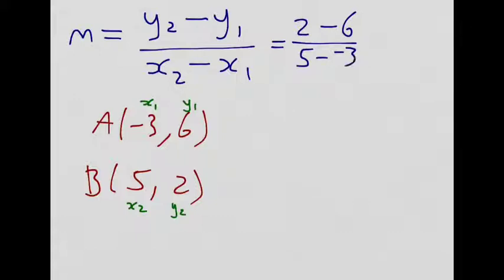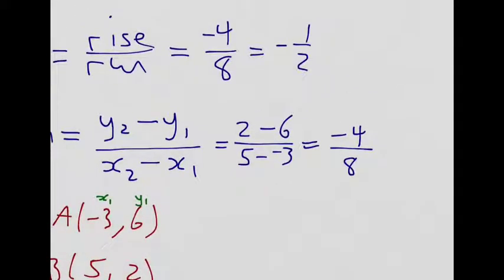Notice I'm subtracting negative 3 on the bottom. Be careful there. So the numerator becomes what? 2 minus 6 is negative 4. 5 minus negative 3? Positive 8. That's the same thing as saying 5 plus 3, which is 8. And you'll notice this already looks similar to what we had before. So that simplifies down to negative 1/2, just like we had before.